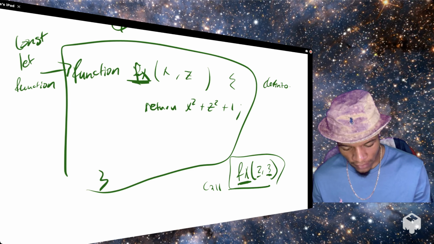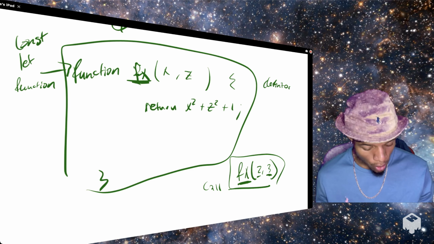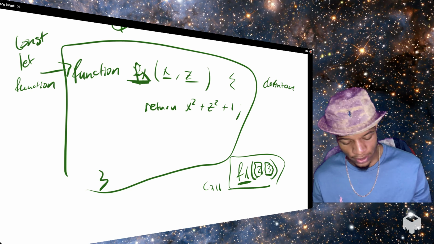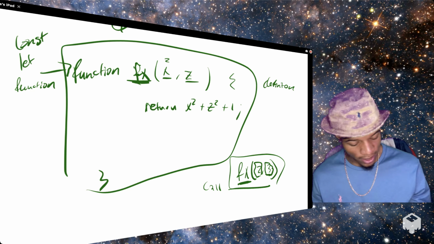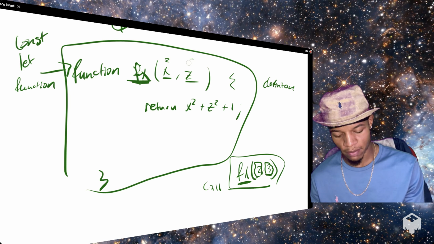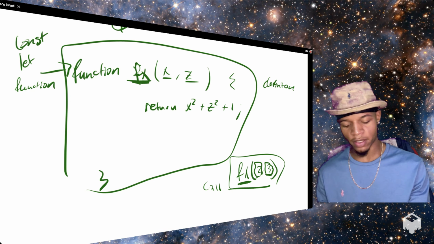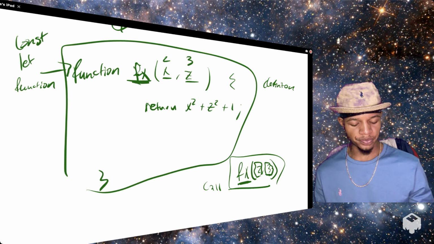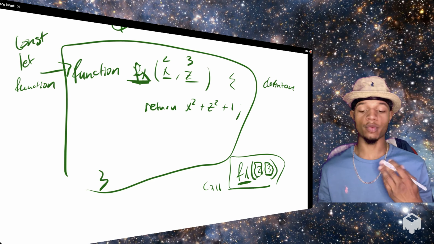In the definition, I say x and z, but when I call it, I actually give it some real values for x and z. So 2 is going to be in the place of x, and 3 is going to be in the place of z. And that's when we call the function.